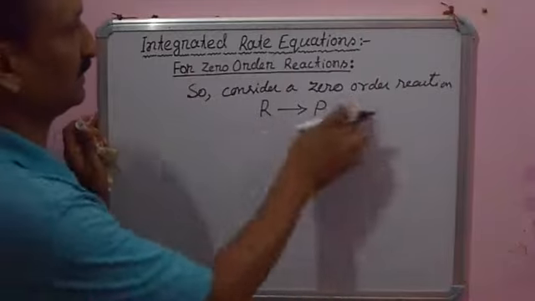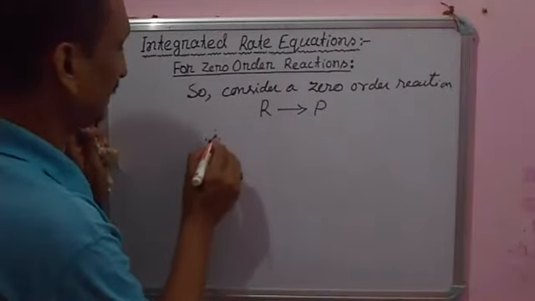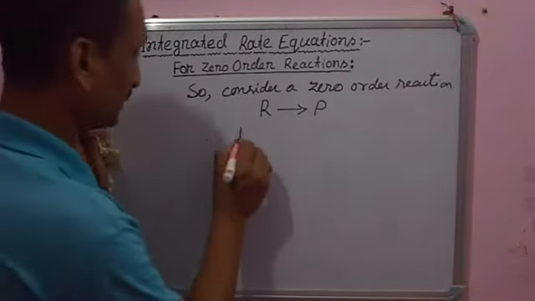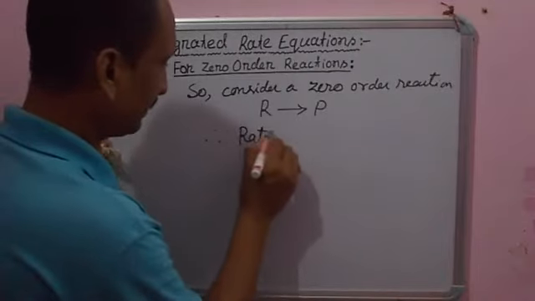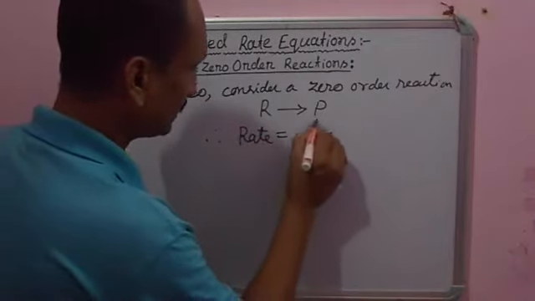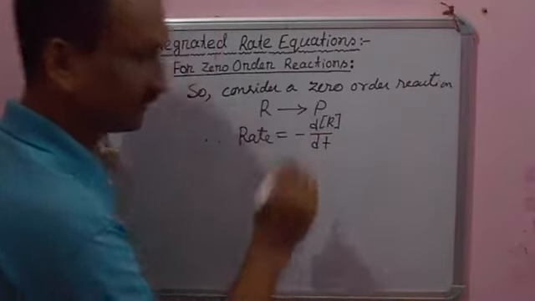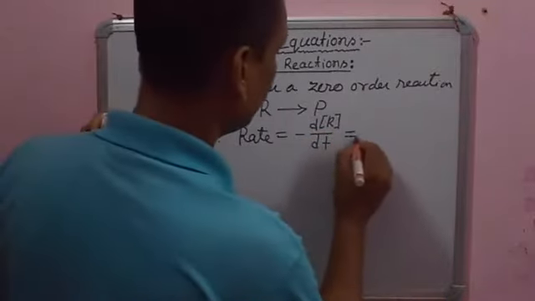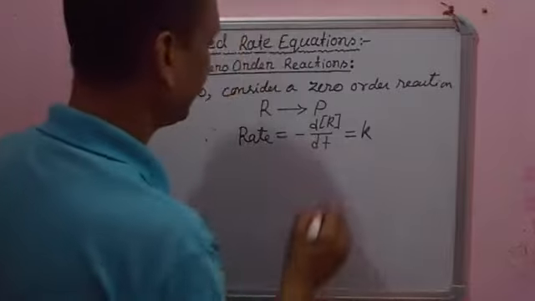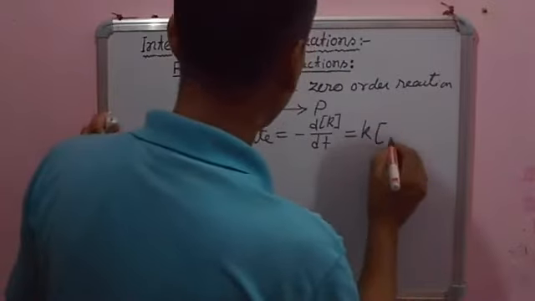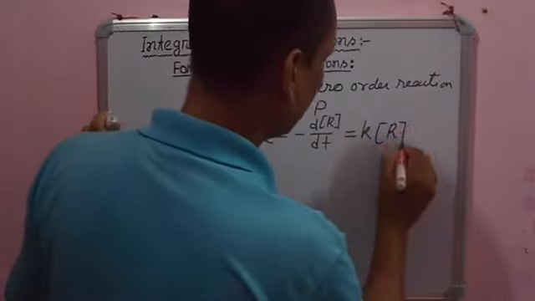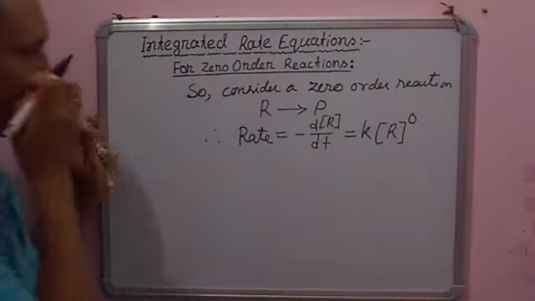For this zero order reaction, the rate is expressed as rate equals minus d[R]/dt, which is equal to k times the concentration of R to the power 0.